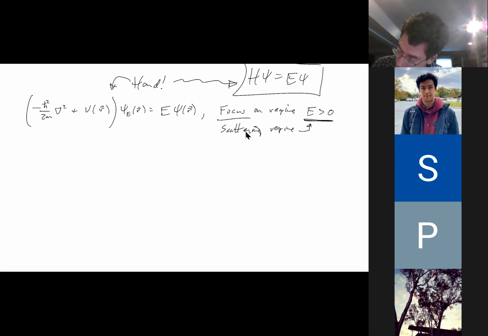So what we're going to do is let's use the Green's function approach. Now I'm assuming that all of you have seen this somewhere, but I'll just give a lightning review. Maybe you have not seen it. It depends whether you took a mathematical methods course or not.